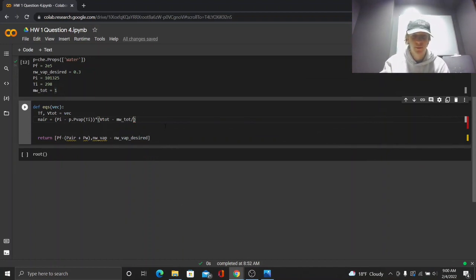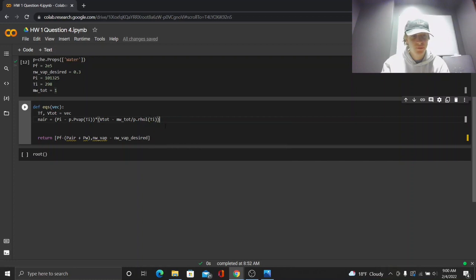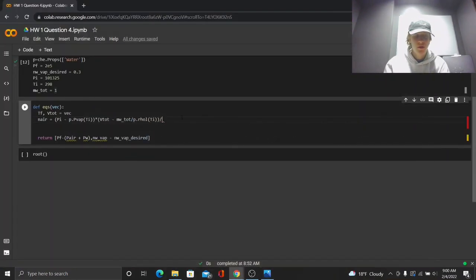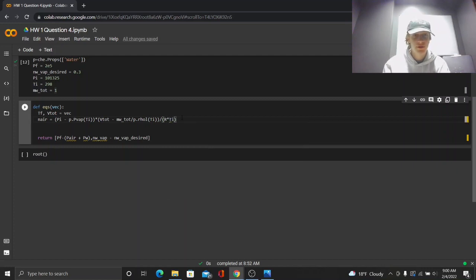So that would be rho at the initial temperature. And then all that is divided by R times the initial temperature.